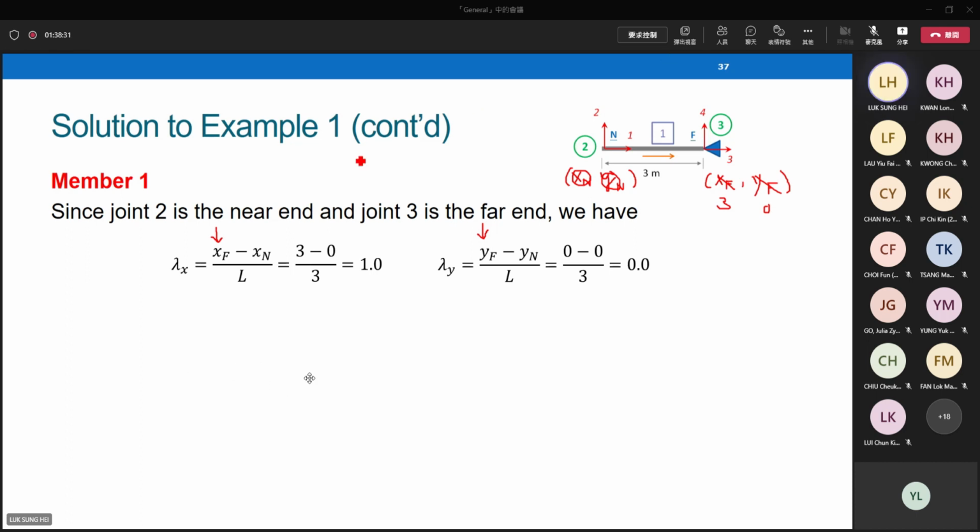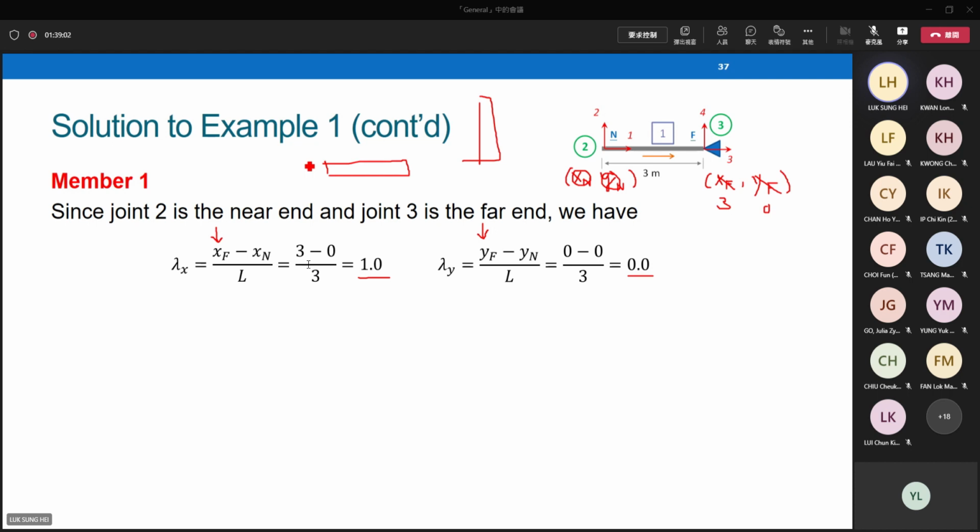So when you put all the numbers right here, then we have lambda x equal to 1, we have lambda y equal to 0. 0 minus 0 over 3 equals 0. But actually, for horizontal member or for vertical members, one is 1, the other one is 0. That's why we quite like to handle vertical or horizontal member. Because for horizontal and vertical members, one lambda is always equal to 0.